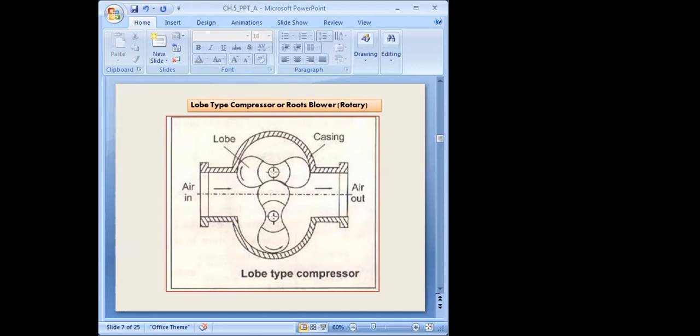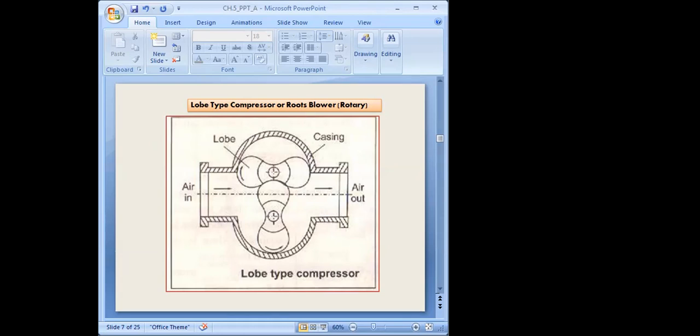There is practically no volume change. The impeller here, gear type, is called the lobe. From this port air will come, and due to the force of the air acting on this lobe, the lobe will move, and this idle one also moves, or rotates. Then the air is compressed and delivered from the air outlet port.